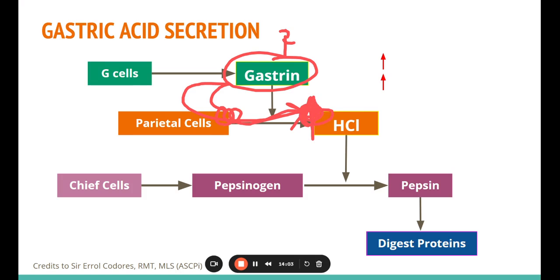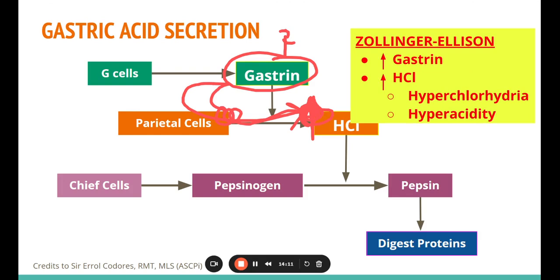Thus, this is another characteristic of ZES, increased HCl. Again, increased gastrin and increased HCl is called hyperchlorhydria or hyperacidity.